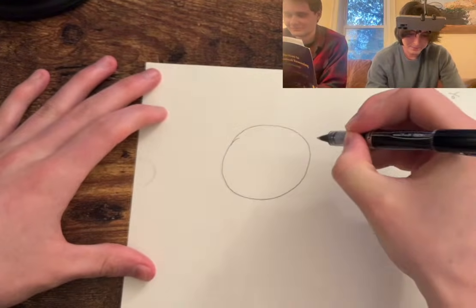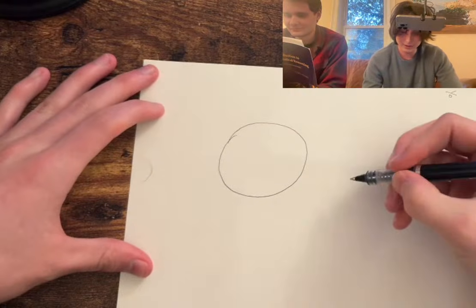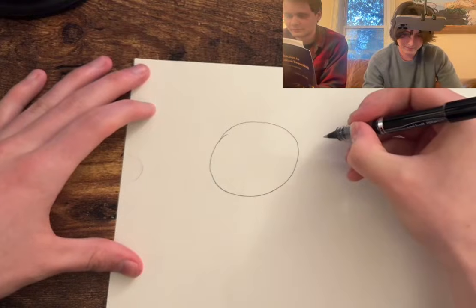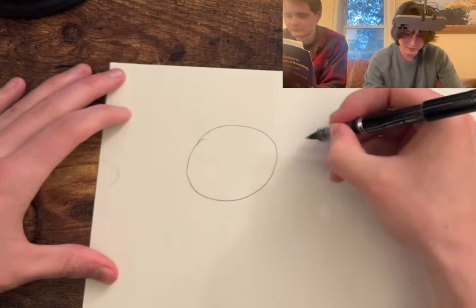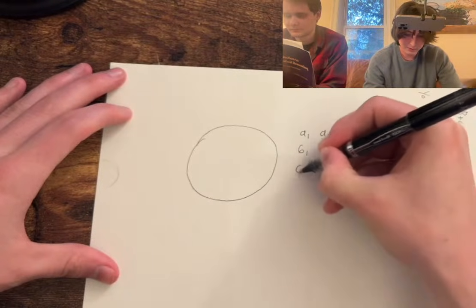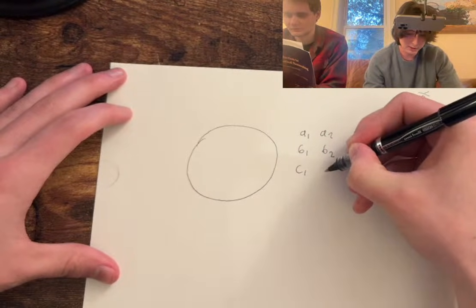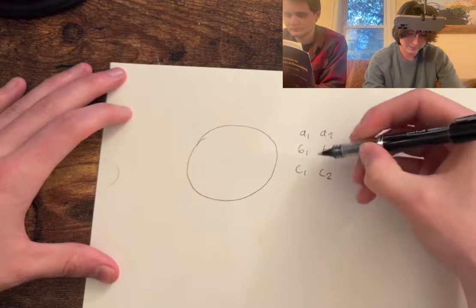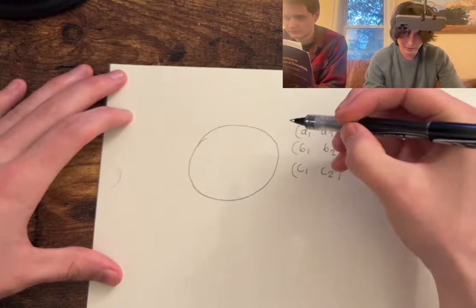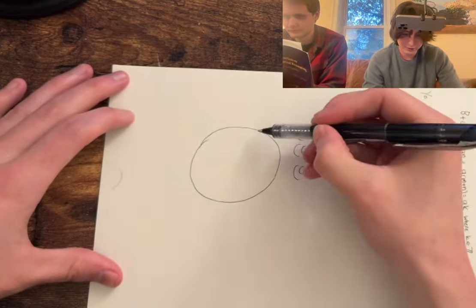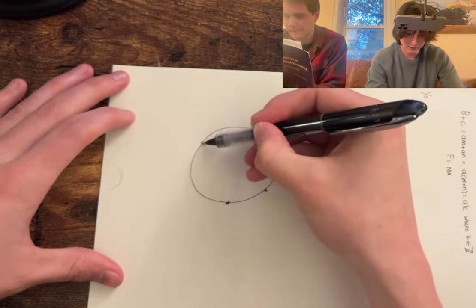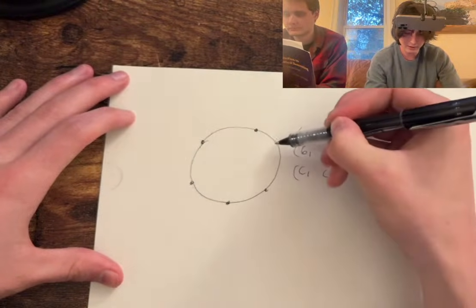So let's say there's points like A1, A2, B1, B2, C1, C2, and they're all positioned so that no lines are concurrent. I think that just means they're not the same line.